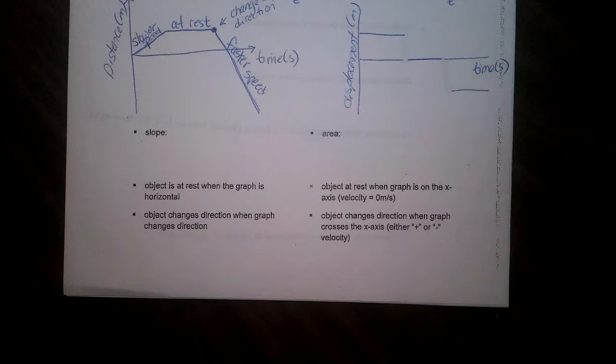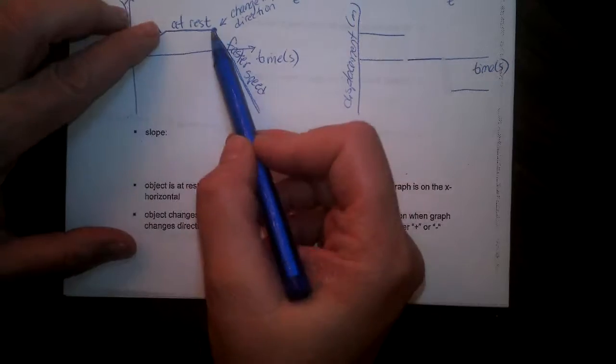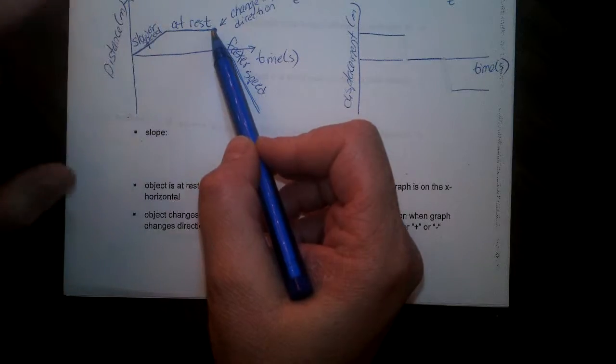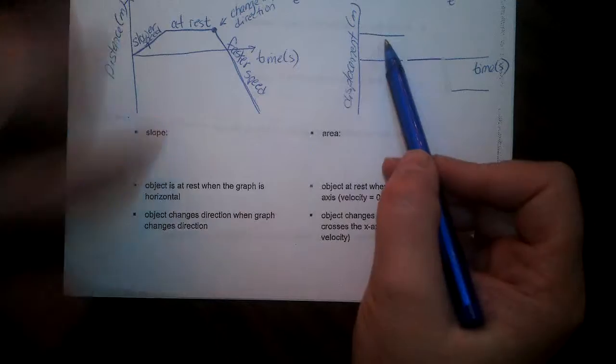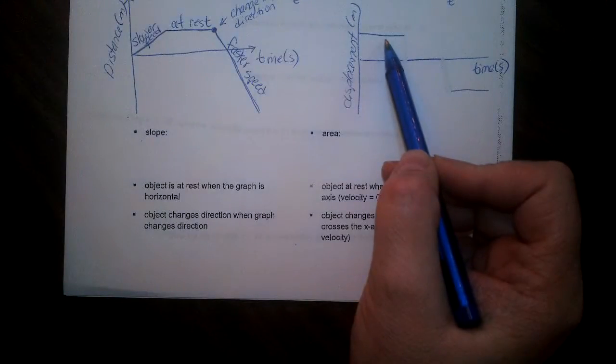Okay, so then what's going on here if I have a flat line? Because over here, I said it was at rest when it was a distance time graph. What does this line mean when it's a displacement time graph? The velocity isn't changing.